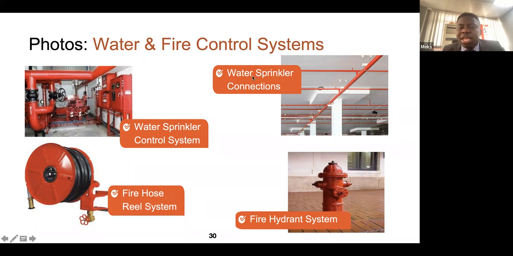So when you go there, you see these water sprinkler connections visible in some instances. Do not bother tagging or labeling them. They're all connected to this water sprinkler control system, and once you tag and enumerate this particular one, it covers for this. There's also the fire hydrant system. Most times there could be 1 or a few in a building. So take note of it, tag it, and record it for us.